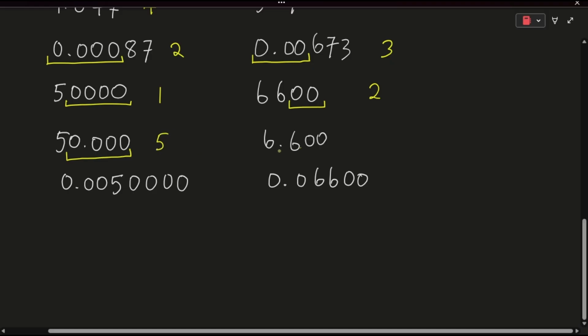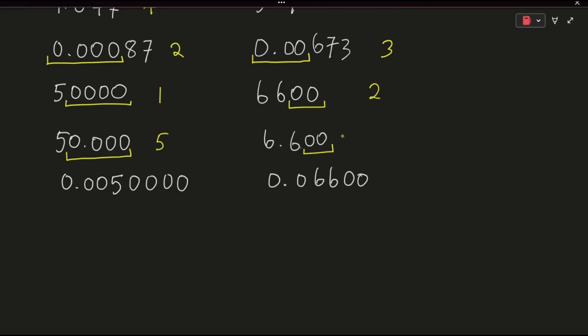Now we have 6.600. Now, these trailing zeros over here are significant because of the decimal point. Without the decimal point in this figure, these trailing zeros would have been considered not significant, but because of the decimal point, the assumption is that it wouldn't have been there if it were not to be significant. And so 6.600 has 4 significant figures. Now we have 0.0050000.